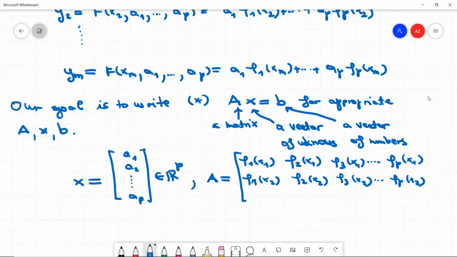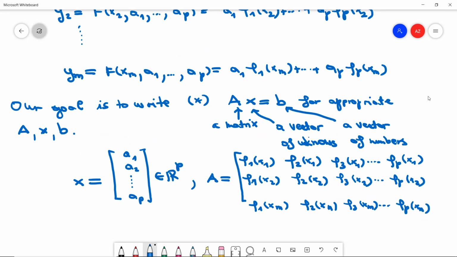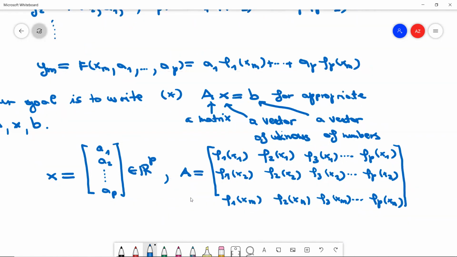And then in the last equation, the same is done for the last point: phi1 xm, phi2 xm, phi3 xm, and so on, phi p xm. So what's the dimension of our matrix? This matrix A has the same number of rows as the number of equations, so it's m. And it has the same number of columns as the number of our parameters, so it's p.